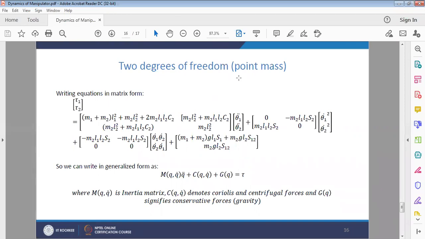Okay, so let us look at this complete equation. This matrix is known as the inertia matrix or mass matrix. It is multiplied with the acceleration vector, theta 1 double dot, theta 2 double dot, plus the damping, Coriolis or centrifugal force matrix.